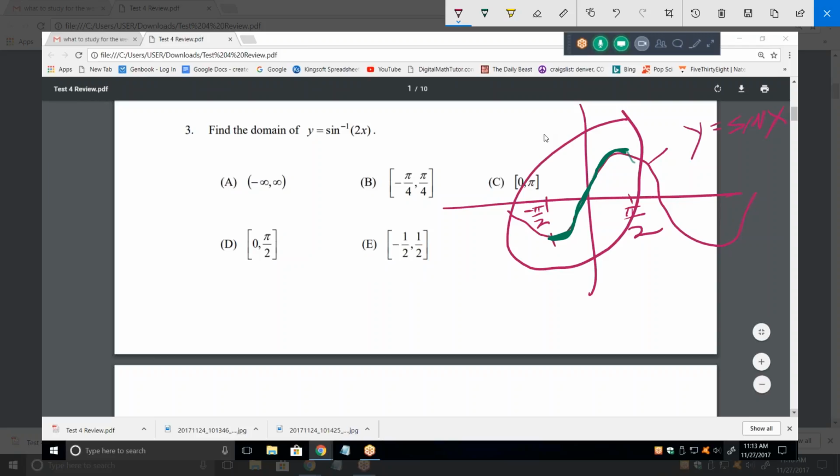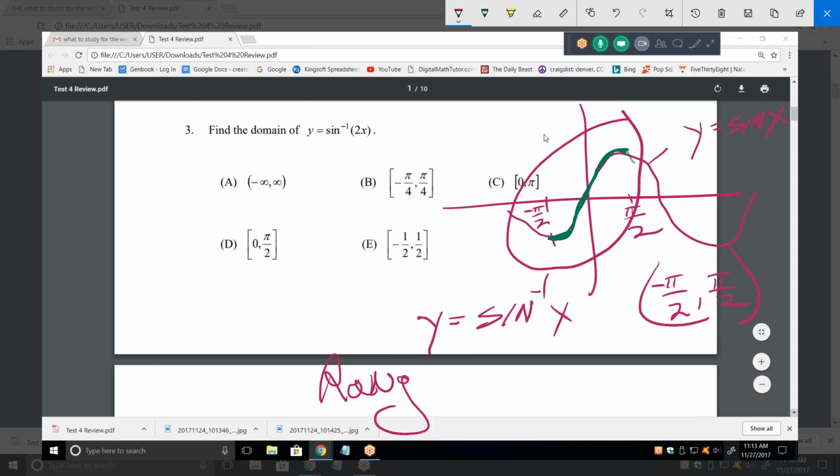And because they restrict the domain from minus pi over 2 to pi over 2, it means when you're looking at y equals inverse sine, then the range is always minus pi over 2 to pi over 2.